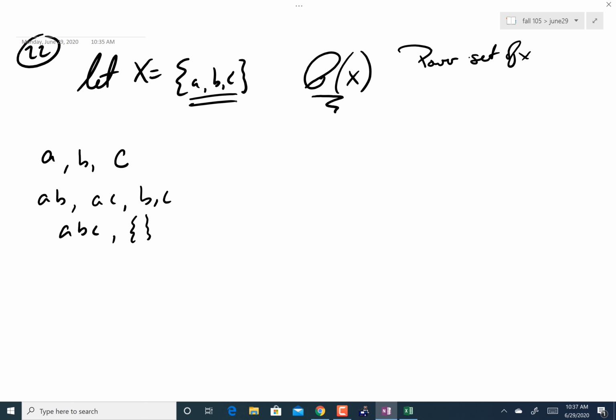A relation n is defined on the power set. So n is defined on this by the following.